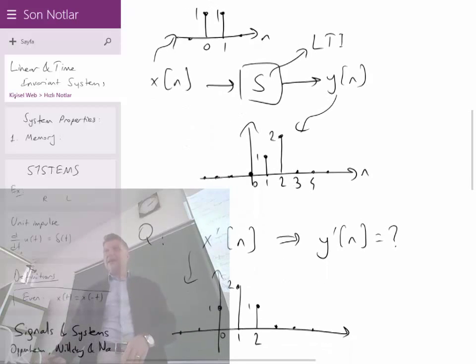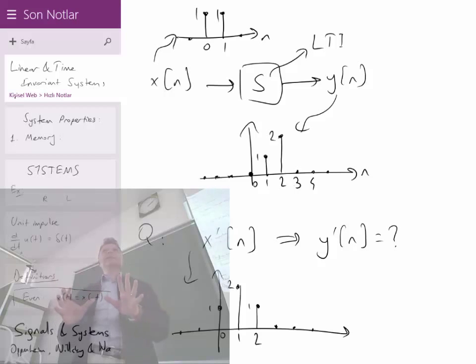So it's a linear and time invariant system. Now you should be able to tell something. If it is linear and time invariant, the best way to do it is to decompose your new input x prime in terms of a known input. What is the known input for this case? The top one. So you should attack the problem in that way.